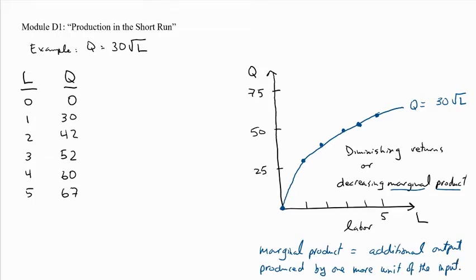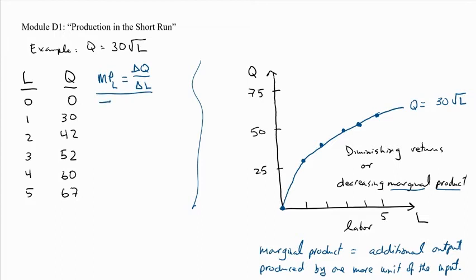We can move back to our table now, and we can also look at what happens to the marginal product. It's always specific to one input, so this will be the marginal product of labor. So translating this into something that we can calculate and put numbers in, we're looking at the additional output, the change in Q, divided by the additional input, the change in the amount of labor.